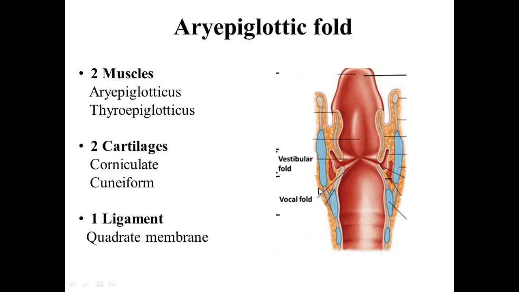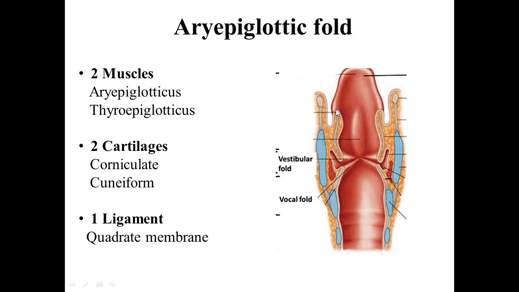Now what is the aryepiglottic fold? We have already seen the aryepiglottic fold. It extends from the arytenoid cartilage to the epiglottis. This is the coronal section of the larynx. This is the epiglottis. And here you can see the aryepiglottic fold. So it extends from the epiglottis to the arytenoid cartilage.